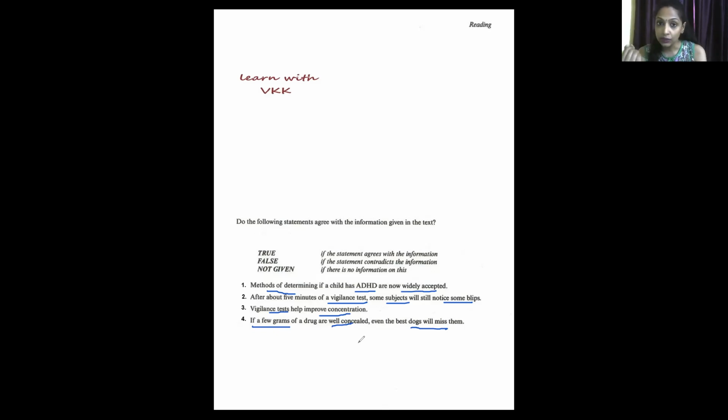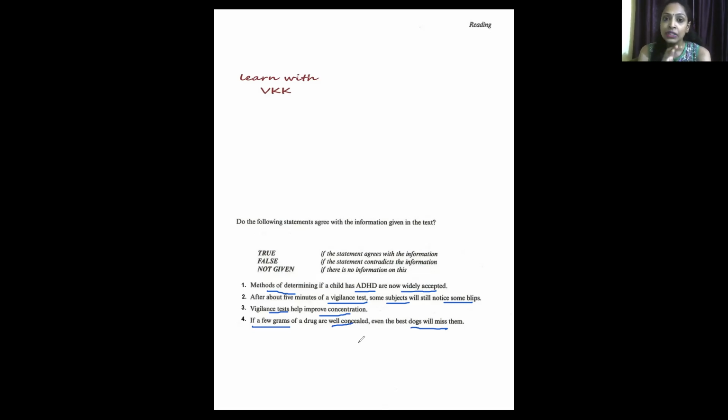Now let us focus on the first question, which says, methods of determining if a child has ADHD are now widely accepted. So we need to now figure out where this information is given. Maybe the writer talks about ADHD. We may or may not know what it is. Let's not get into the detail. Let's look for only the expression, the keywords which are there.